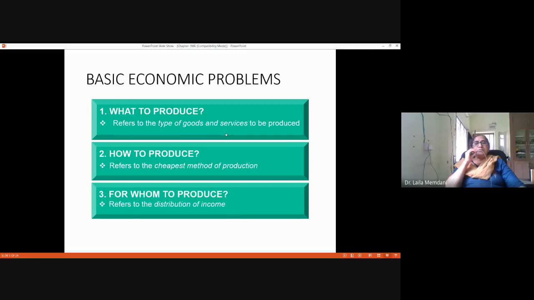Like in India, labor is cheaper, so the more labor intensive goods will be produced using labor intensive technology. But in America, where labor is scarce, or in Canada, where labor is scarce, more capital intensive techniques may be used. And for whom to produce, again, depends on what is the income level of a large number of people.